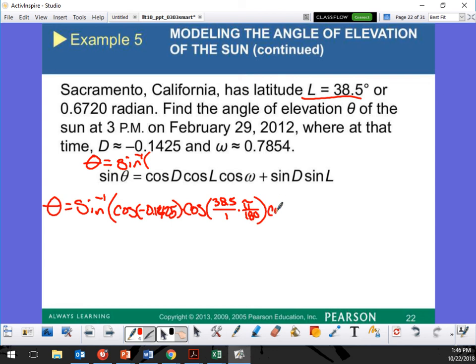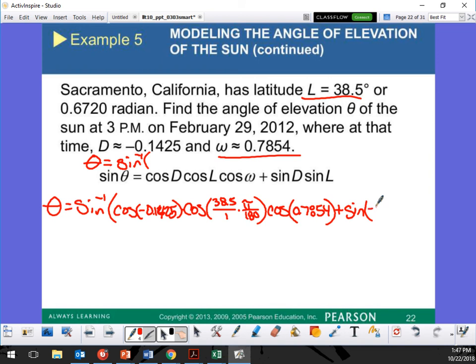Cosine of W. My W here, 0.7854, plus sine of D. D is right there.